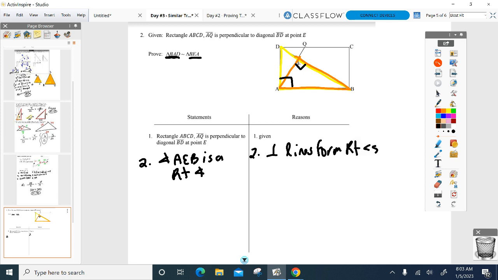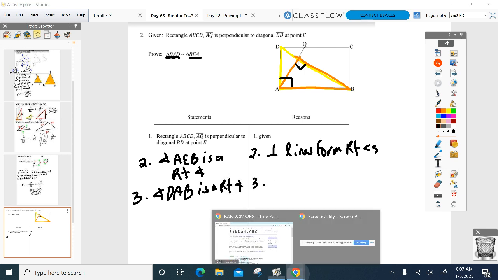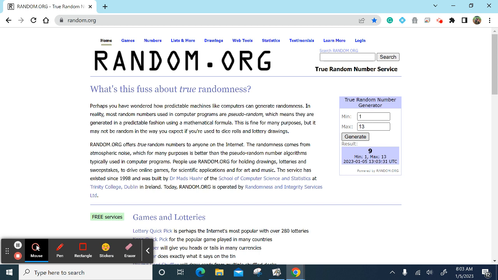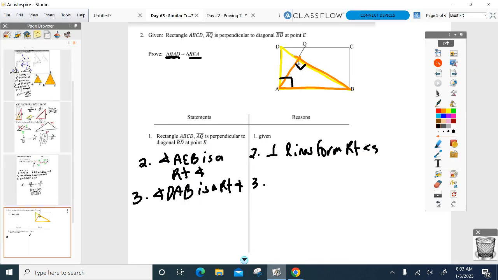And then there's a second right angle in the other triangle, angle DAB, but for a different reason. Why is that one a right angle? Yep. Rectangle implies all right angles.